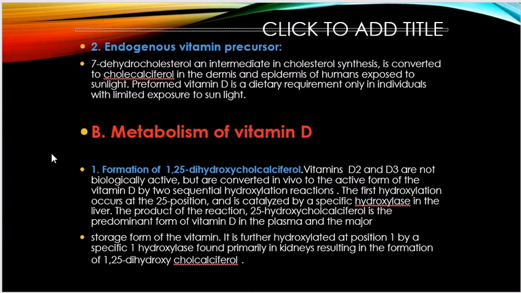The first hydroxylation reaction occurs at the 25th position and is catalyzed by a specific hydroxylase in the liver. The product of this reaction is 25-hydroxycholecalciferol. It is the predominant form of vitamin D in the plasma and the major storage form of the vitamin. It is further hydroxylated at position 1 by a specific 1-hydroxylase, which is found primarily in the kidneys, resulting in the formation of 1,25-dihydroxycholecalciferol.